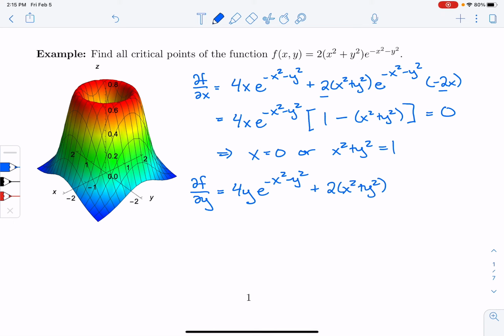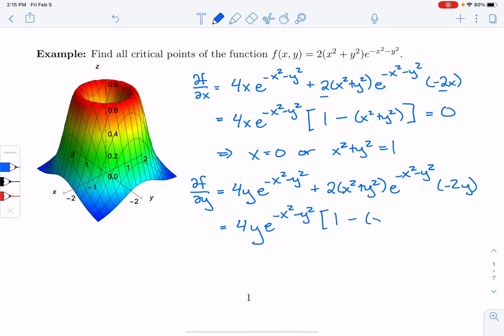And the derivative of the exponential is itself times the derivative of the exponent, which in this case is a negative 2y. So this is going to factor out the same as last time. So 4y e to the minus x squared minus y squared, times 1, and then minus x squared plus y squared.